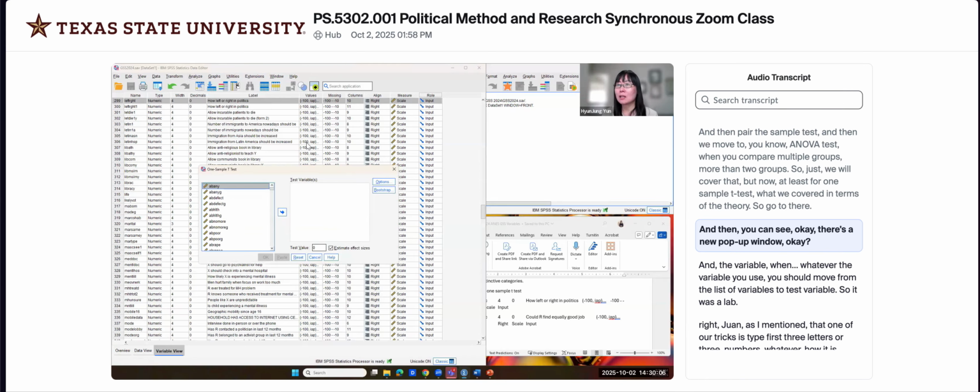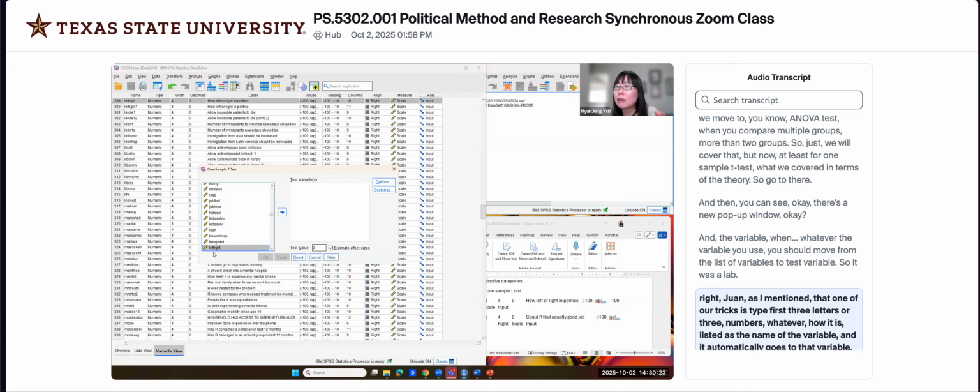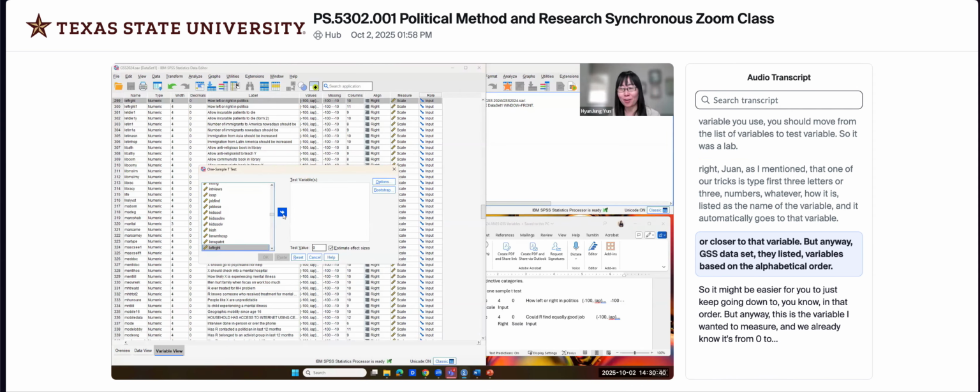And then you can see there's a new pop-up window, okay? Whatever variable you use, you should move from the list of variables to the test variable. So it was the left-right one. As I mentioned, one of the tricks is to type the first three letters or numbers of how it is listed as the name of the variable, and it automatically goes to that variable or closer to it.